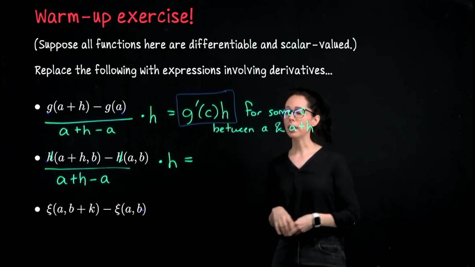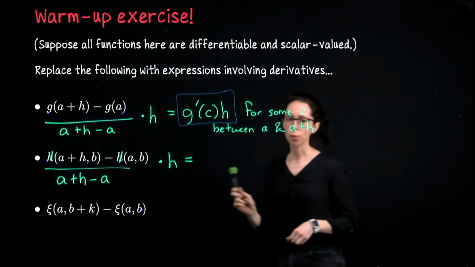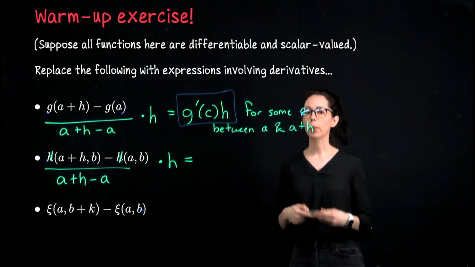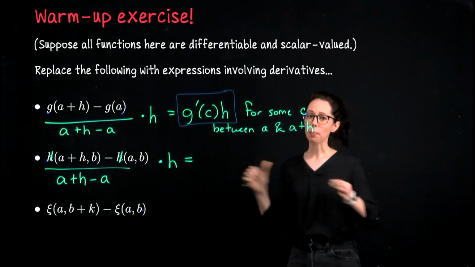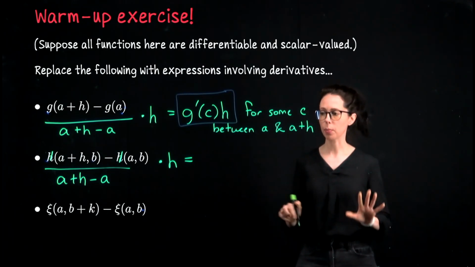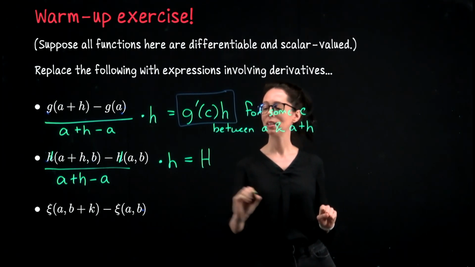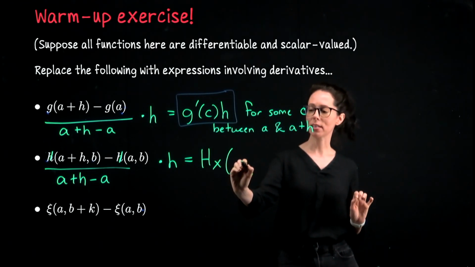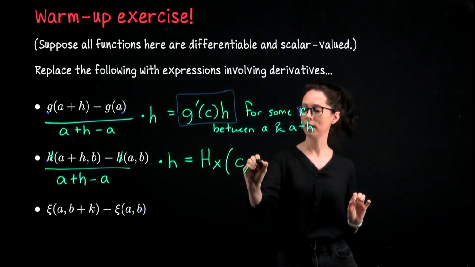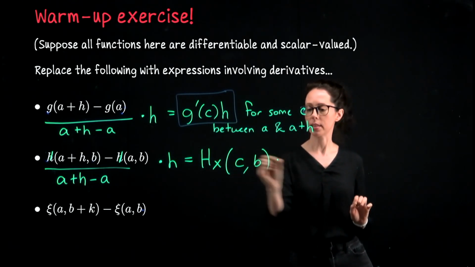And there's going to be some input whose x coordinate is between a and a plus h, where the slope of that secant line is equal to the rate of change of H along that curve. Well, that's happening with only respect to the x variable. All I'm trying to say is that this is going to be d capital H dx at some, let me write down c and we'll fix that, comma b. The y coordinate here is frozen at b, and then times this h.